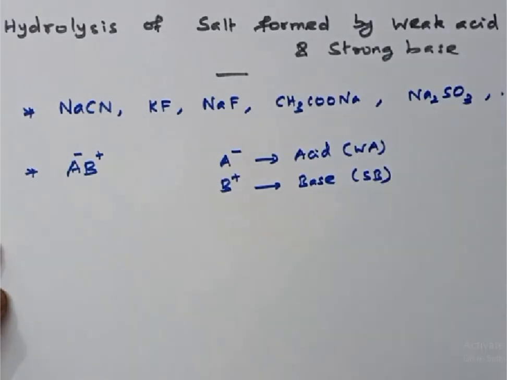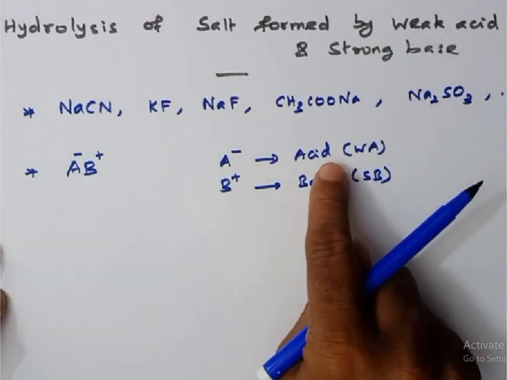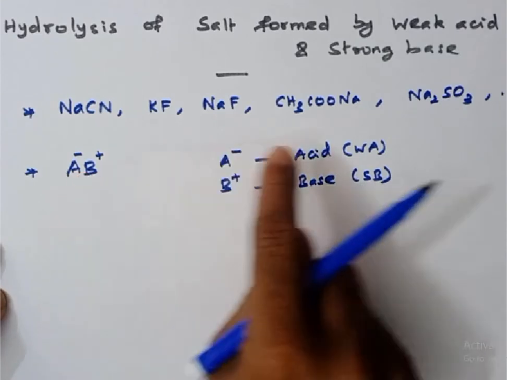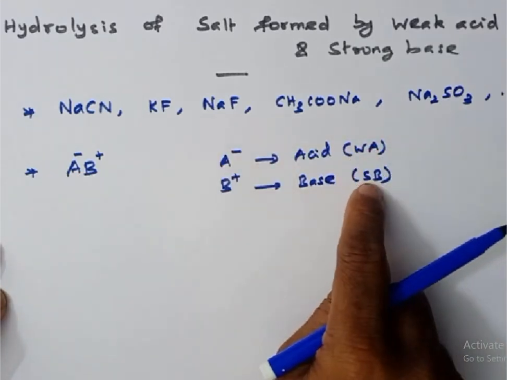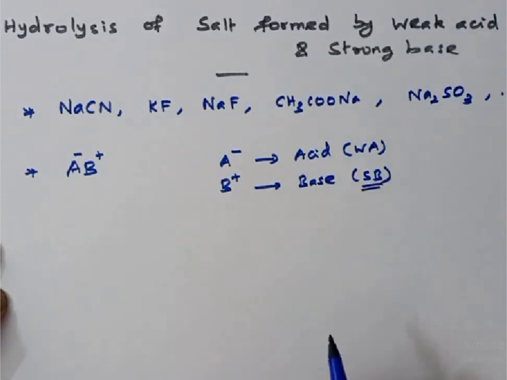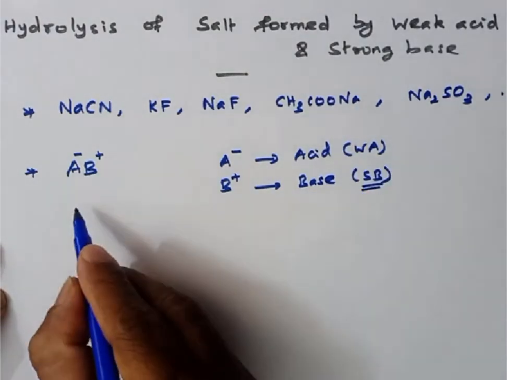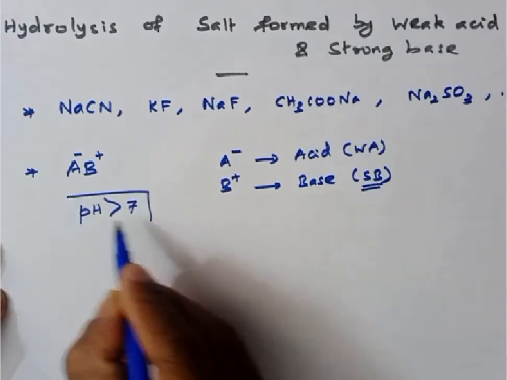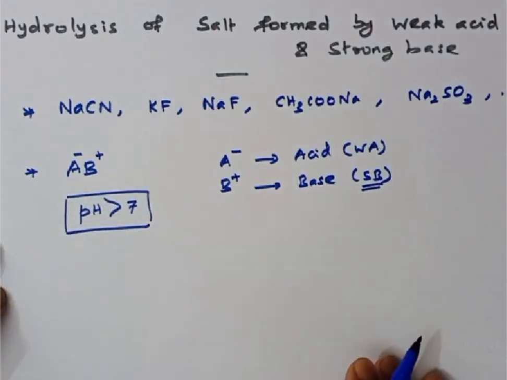If a salt is formed by a weak acid and strong base, the stronger part decides the property of the solution, that is the pH. Since the base is stronger here, the pH of the solution should be greater than 7. This is the first point you should keep in mind.